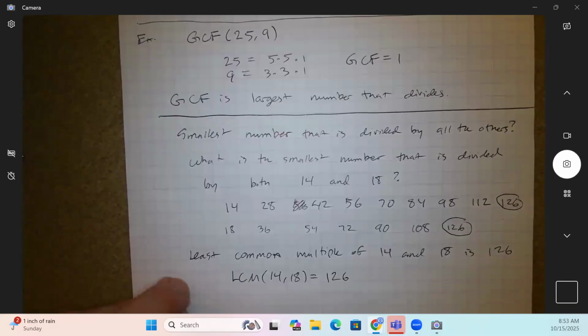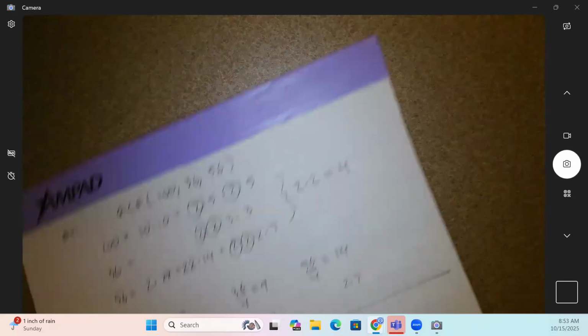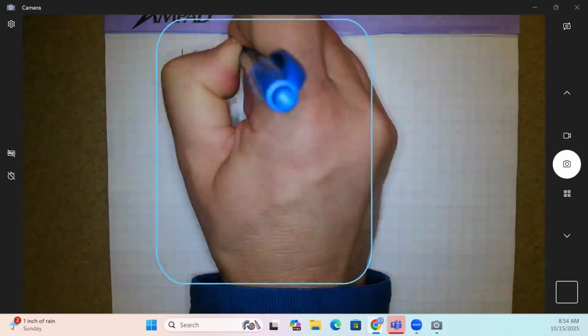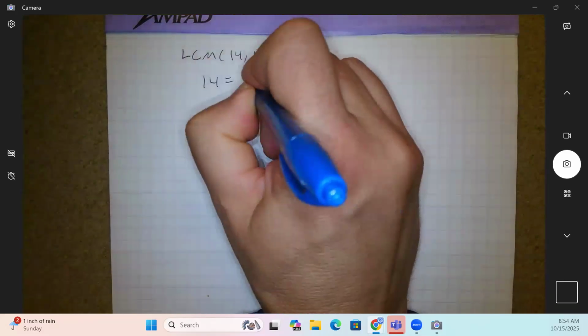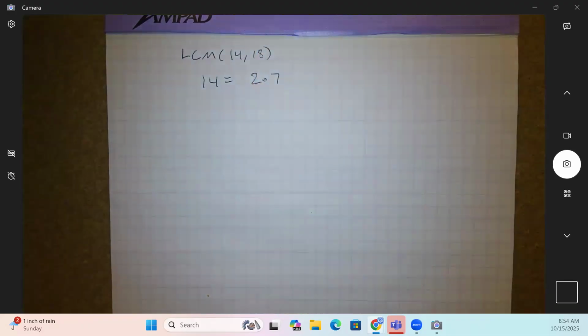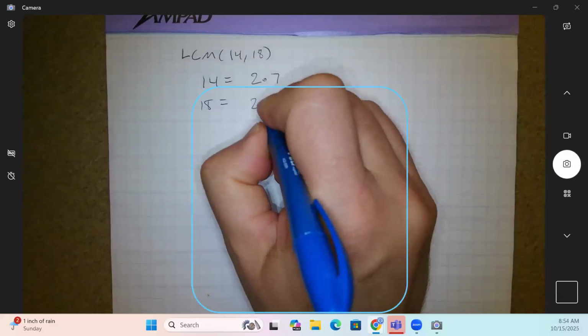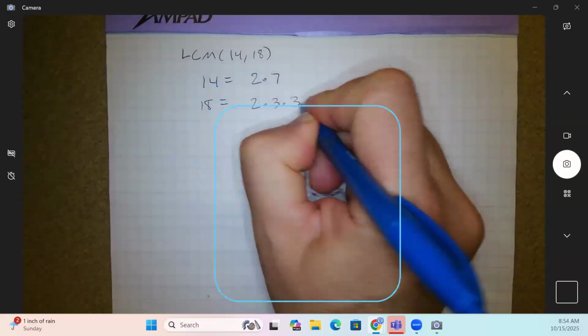Let's see. LCM of 14 and 18. So 14 is 2 times 7. And 18 is 2 times 3 times 3.